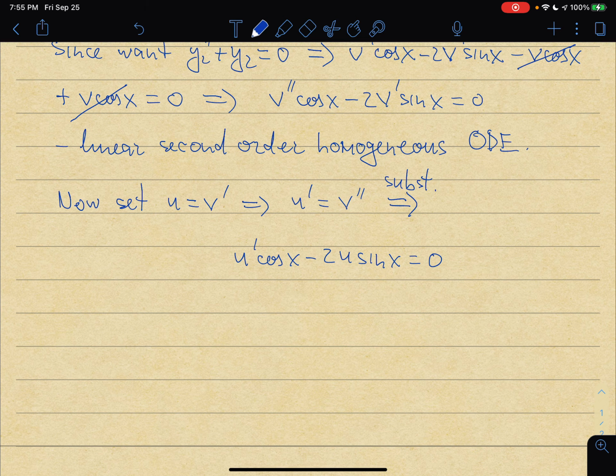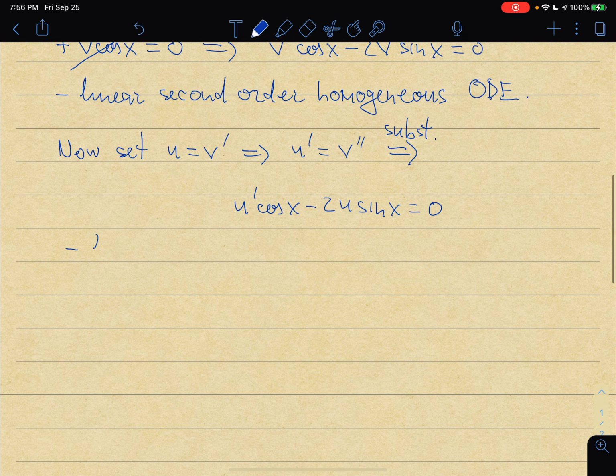And this is actually a much better thing than what I had in the beginning, because now in terms of u, this is a first order equation. It is still linear, but it is a first order equation. So a linear first order ODE, and I can solve it by using the integrating factor.